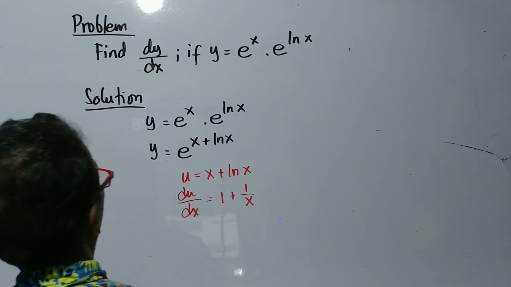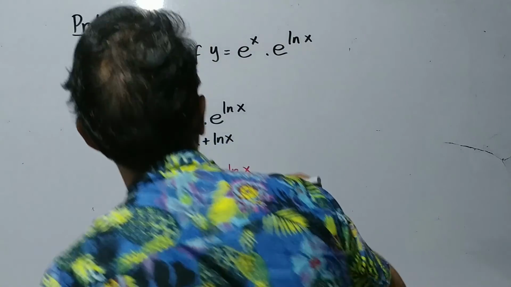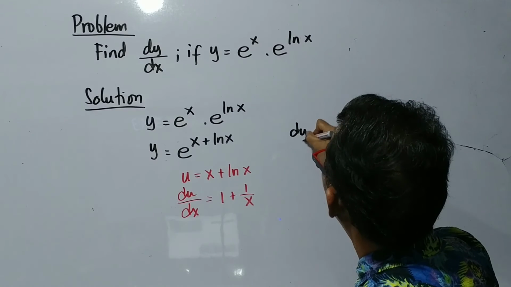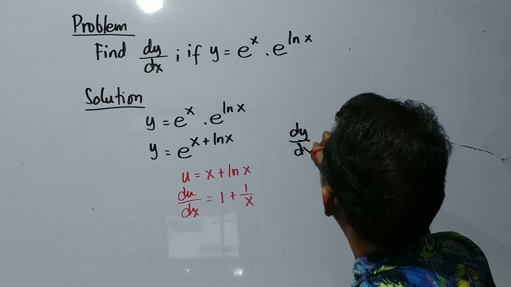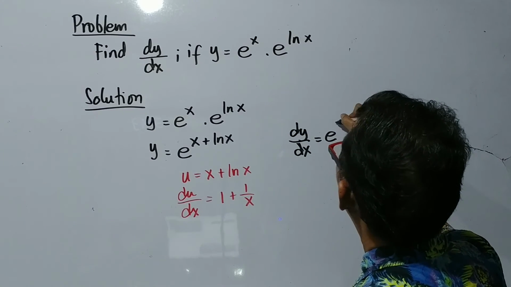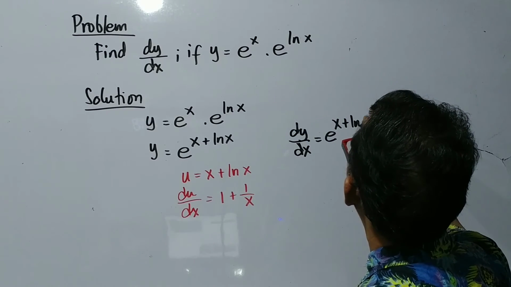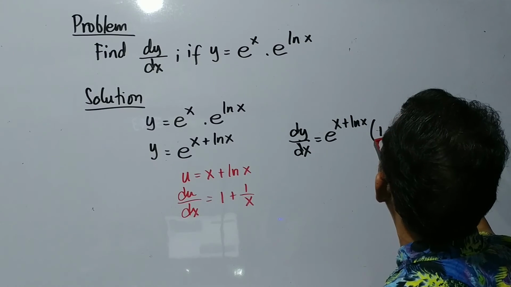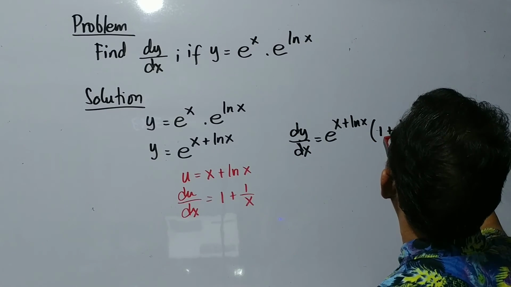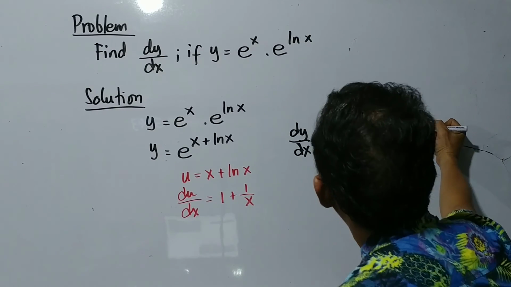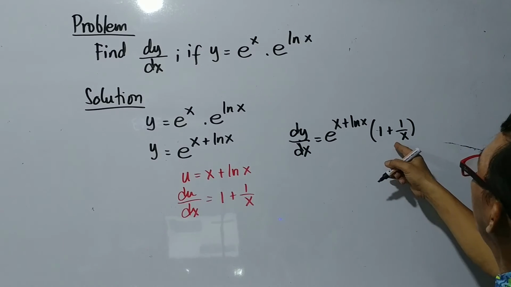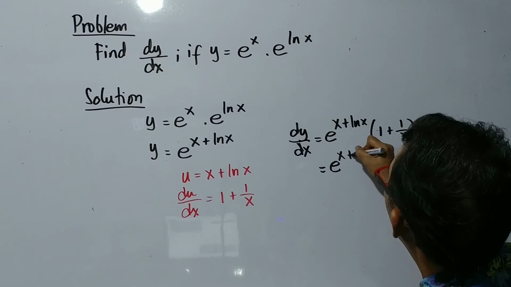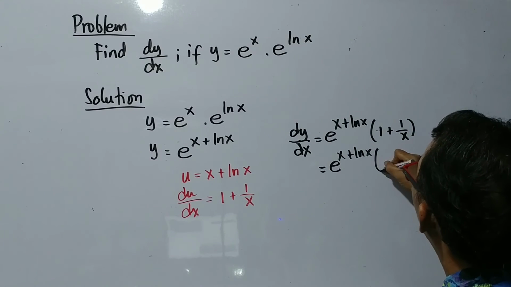So from that, we have dy dx now e to the x plus ln of x times our du dx, 1 plus 1 over x. Here you can have e to the x plus ln of x.